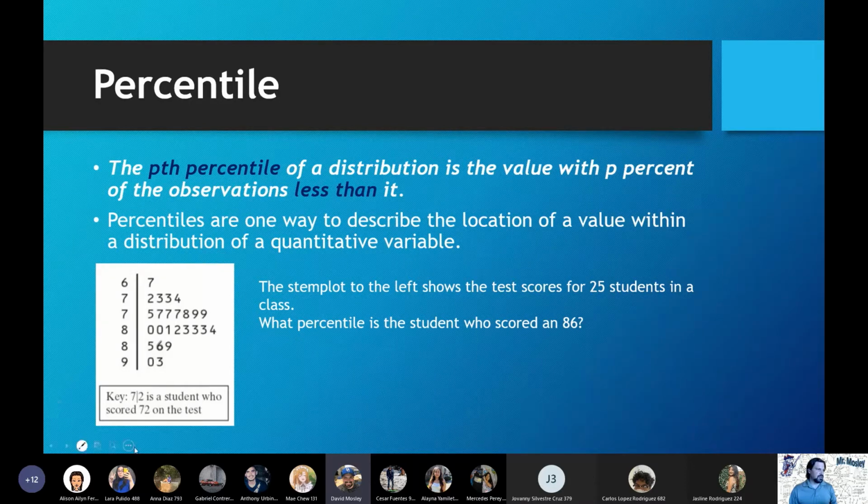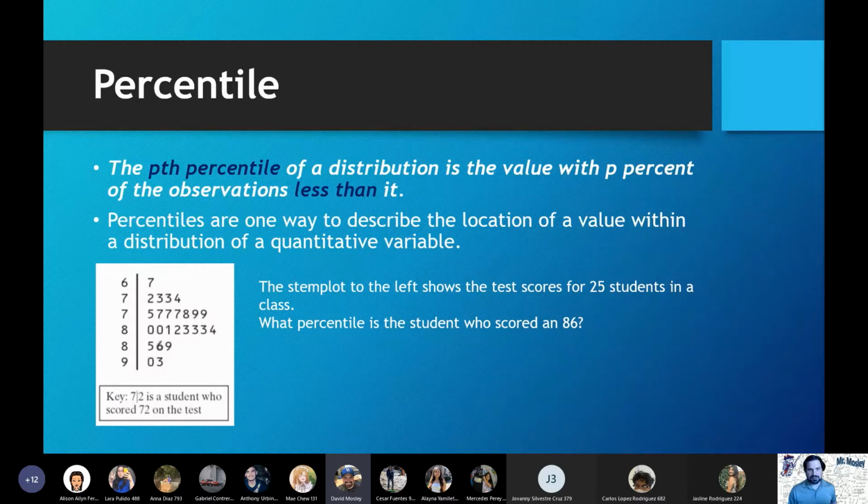So we have an example here. We have this stem plot, which describes test scores of 25 students. We're going to look at what percentile the student who scored an 86 is.